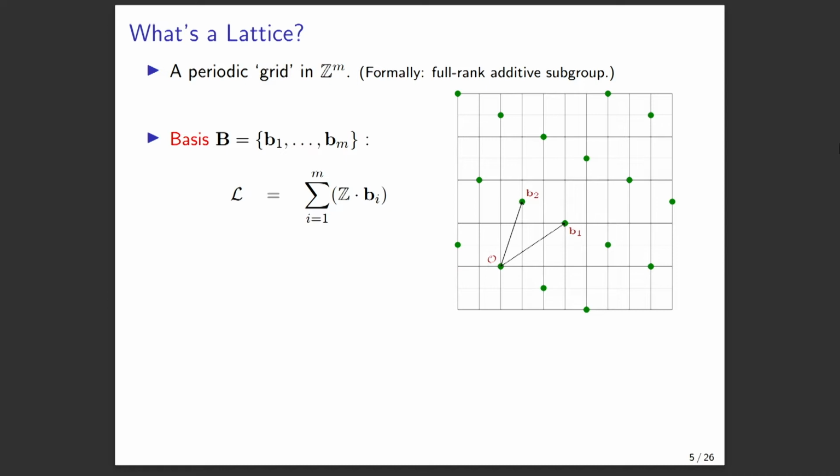Or you can get up here, which is, I guess, twice b2 plus b1, something like that. Right, over here, anyone know what this one is? How do we write it in terms of the basis? Yeah, b1 minus b2, right? So we go out to here, and then we subtract b2, and we end up here. Okay? So just all these integer combinations give us exactly the points in the lattice.